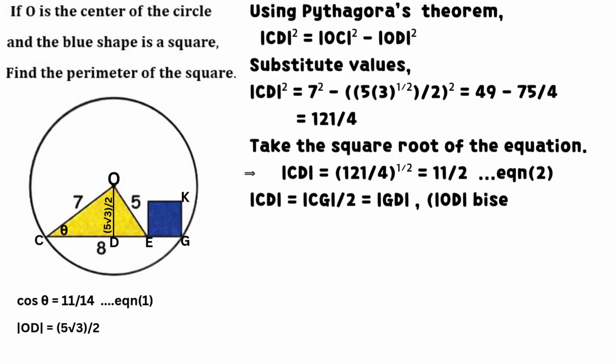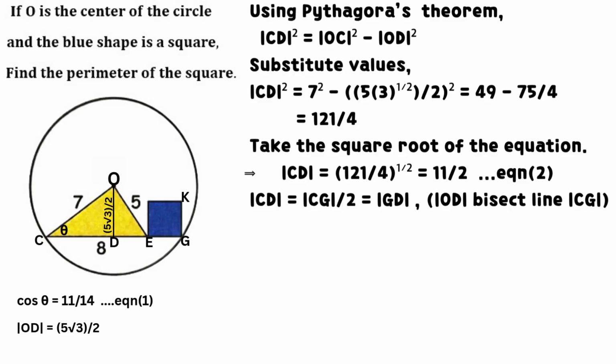Take the square root of the equation. This implies that line CD equals the square root of 121 divided by 4, which equals half of 11. We call it equation 2.